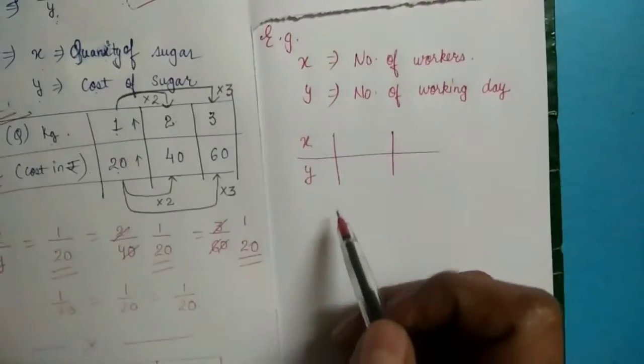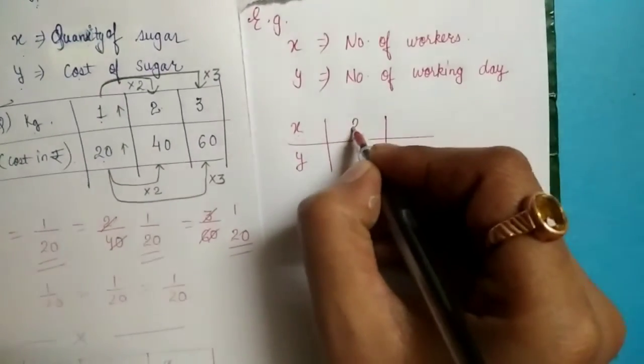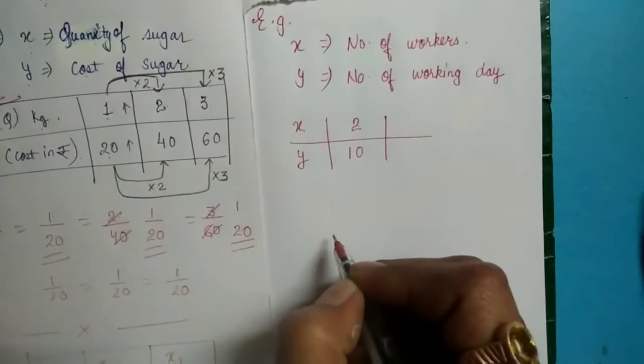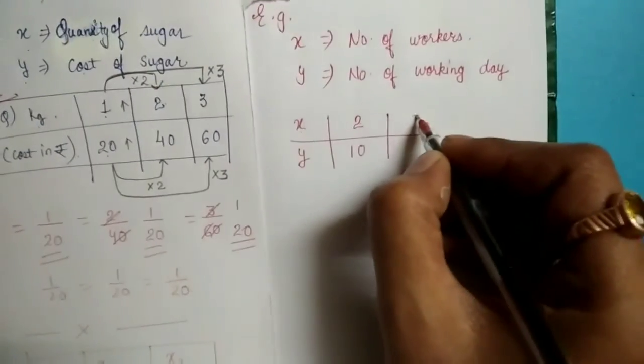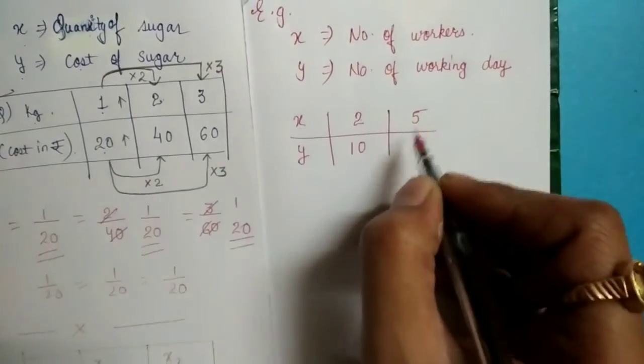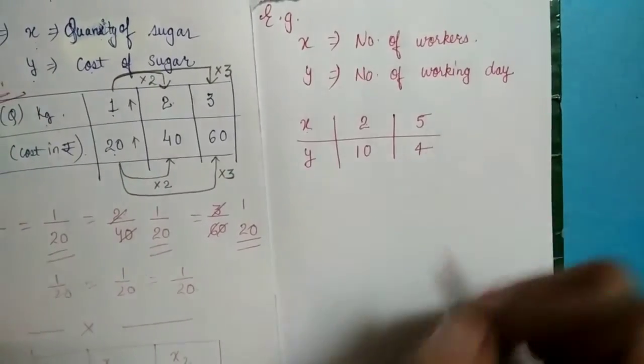That we have to see. If the number of workers is 2, then 2 workers can complete the work in 10 days.